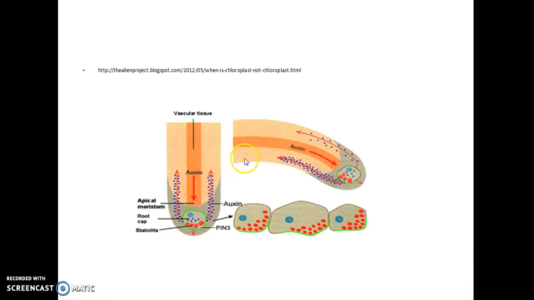But here the statoliths are concentrated, which kicks the calcium up, and the auxins will cause this side to grow more, which will cause the root to grow down. The statoliths are here, and the calcium is redistributed up here, which causes everything to grow down.